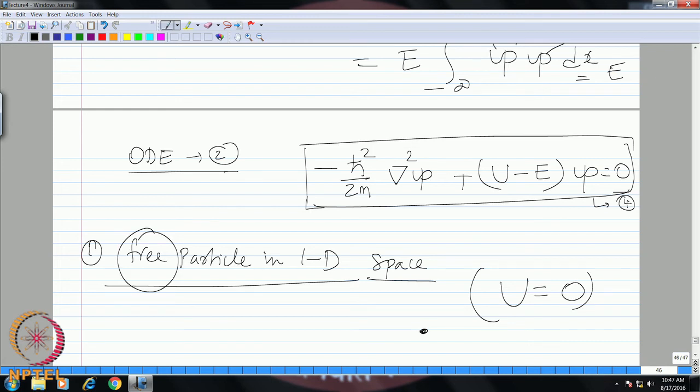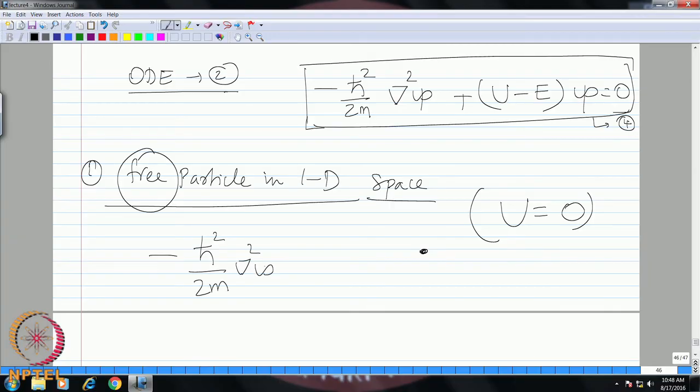So, it is free to go anywhere in one dimensional space, there is no constraint on the particle. Okay. So, therefore, potential energy constraint is 0. This is the simplest case that we can solve the Schrodinger's equation. So, therefore, we already know the time solution.